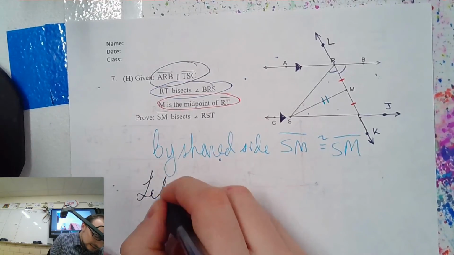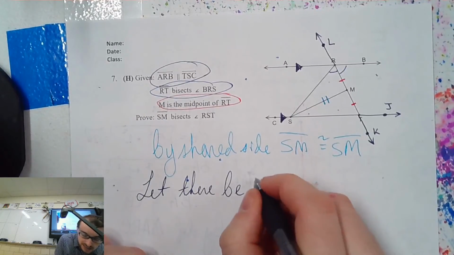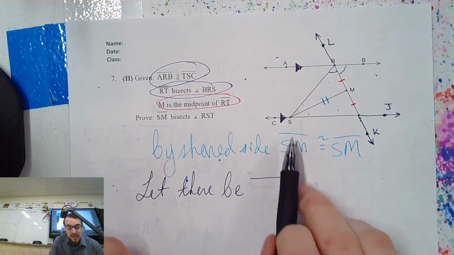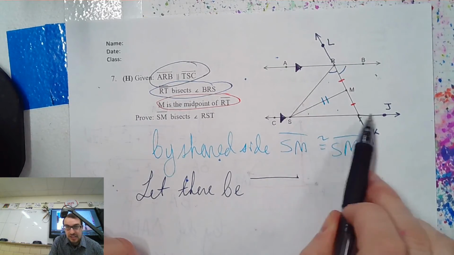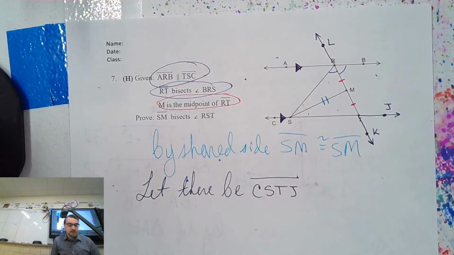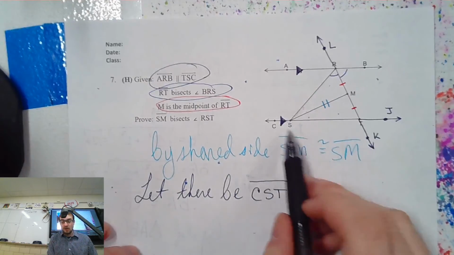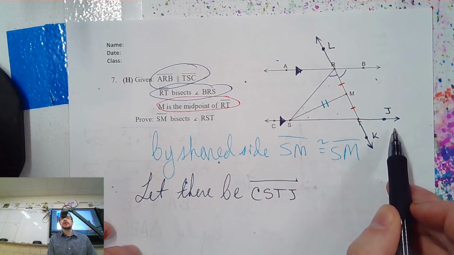Let there be a line. And what line? It's going to be line CSTJ. That's what we're creating there. Now again, I labeled all the points so we know all those points are collinear, right? All of that is one continuous line, okay?